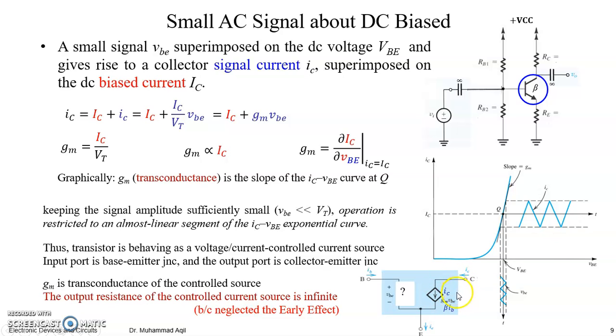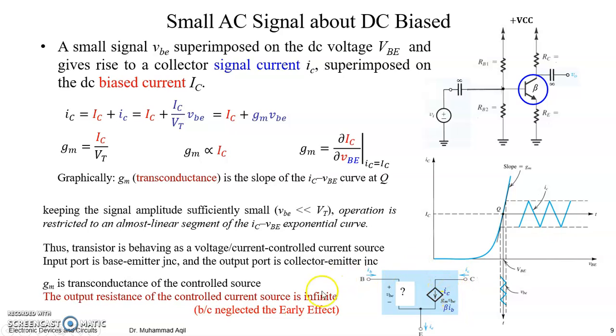The output resistance is always parallel to the source. Then you can place your load, and for a DC voltage source, you would have a series output resistance with that source, right? So we don't have it.